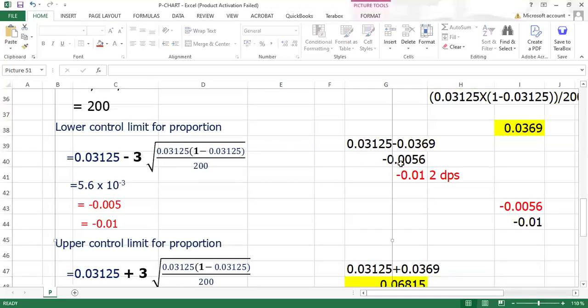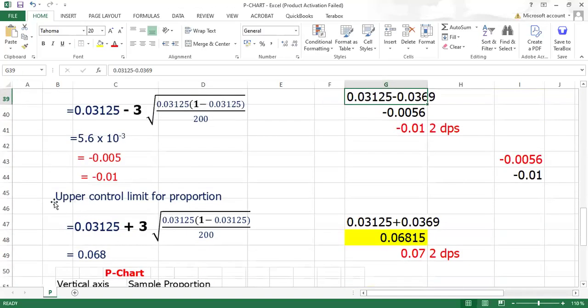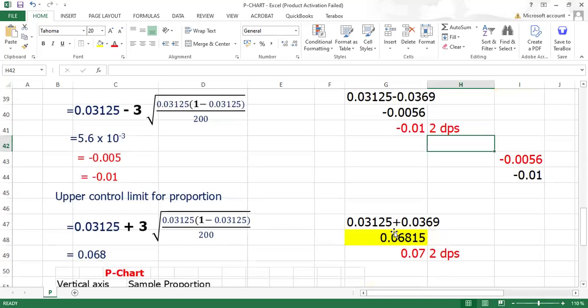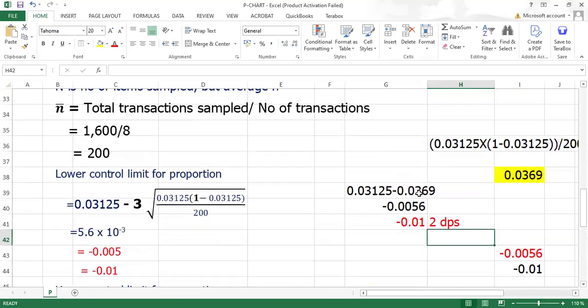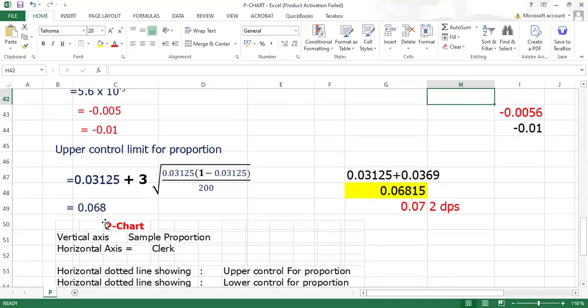Whatever you have, you write it here. When you're handling this upper control limit, you will just be substituting, you just put a plus, because already you'll be having 0.0369. Where are you getting 0.0369? The square root of this times 3. So that's how we get upper control limit and lower control limit.